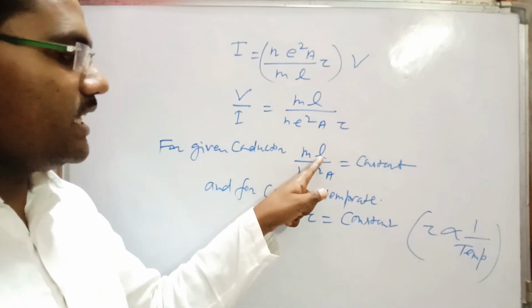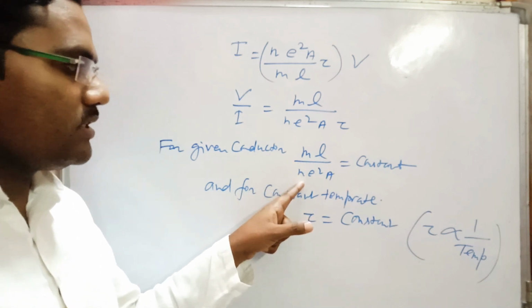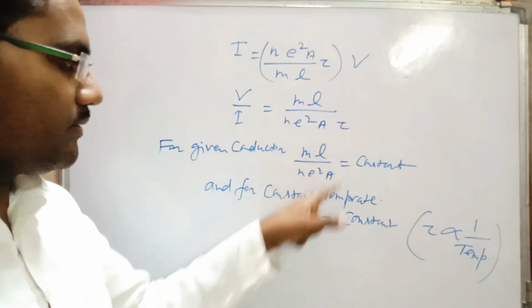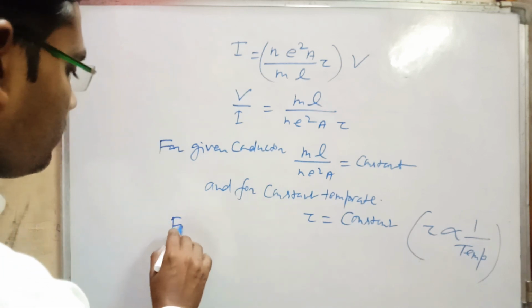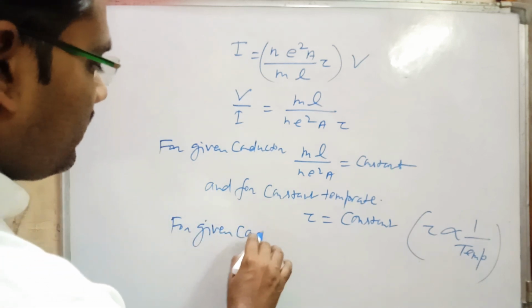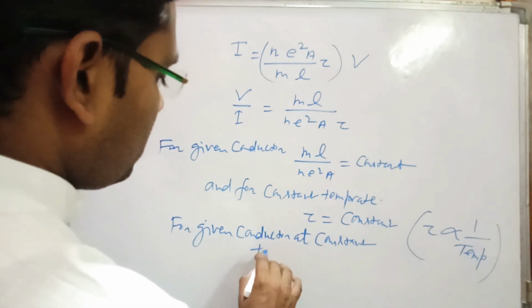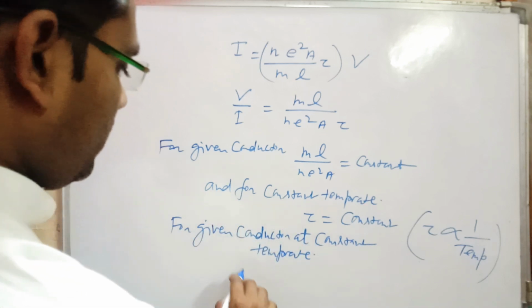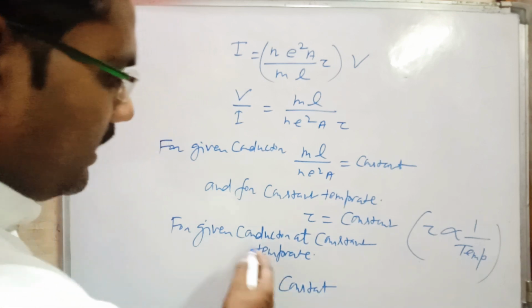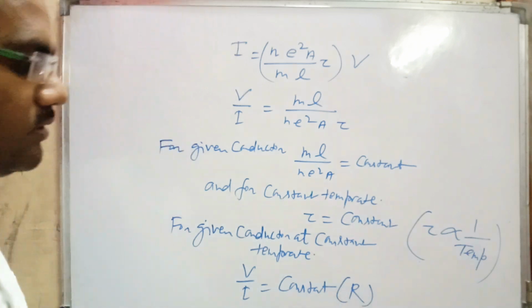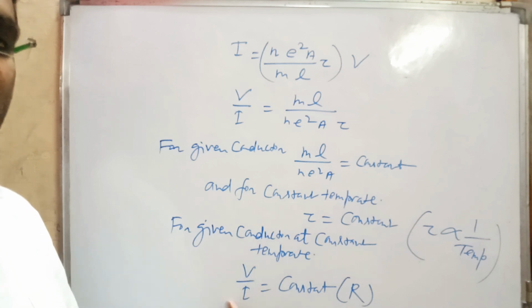For a given conductor, its length and cross-section area are constant, and for a given conductor, the number density of free electrons is also constant. e is the charge, this one is a universal constant. That means for a given conductor at constant temperature, V by I is equal to constant, and this is equal to capital R. V by I is equal to constant at constant temperature is called Ohm's law.